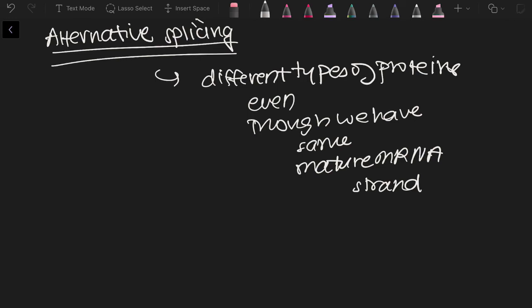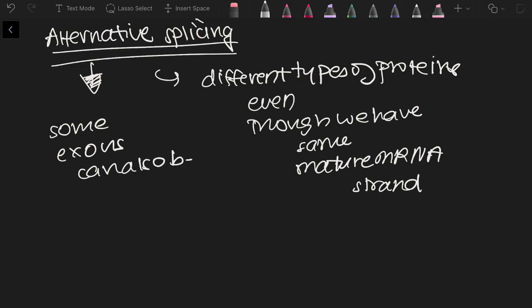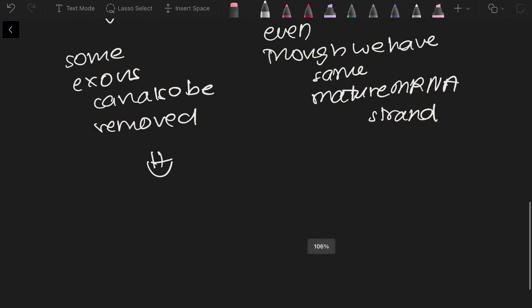Basically, in alternative splicing, sometimes not only the introns but also some exons can be spliced, or removed. So alternative splicing involves removal of certain exons so that in the mature mRNA sequence there are different combinations or different orders of exons in them. These different orders of exons can code for specific amino acids and hence can code for different proteins.